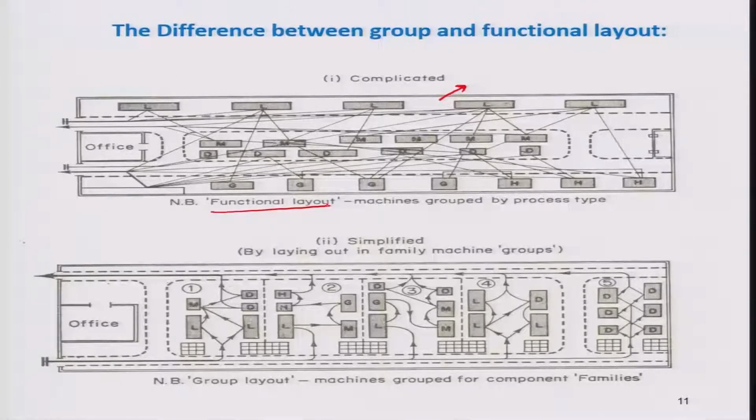Here in this operation you can see that this is the office, here material enters, and there are a lot of machines available, lathe machine, milling machine, drilling machine, and each product will enter this workshop, and it will be processed at various machines, and the transportation of the part from one machine to another creates a zigzag path. So it is very complicated, and it is very difficult to manage for a production engineer.